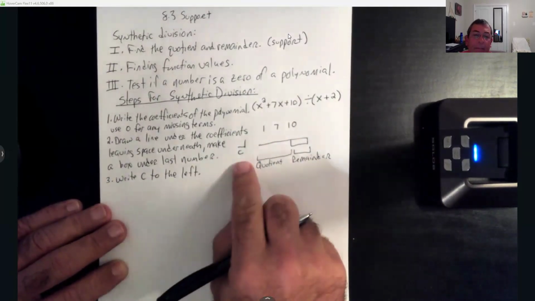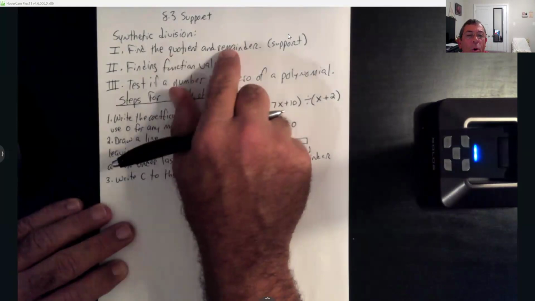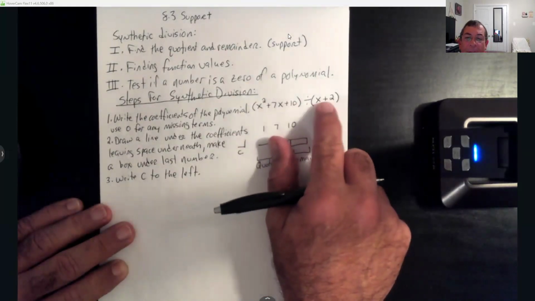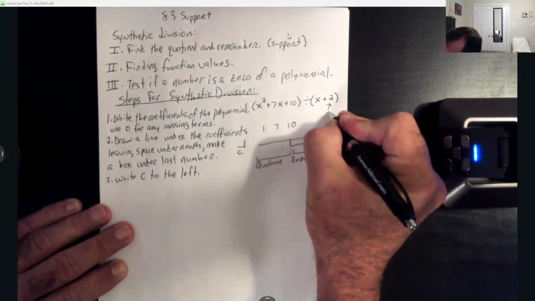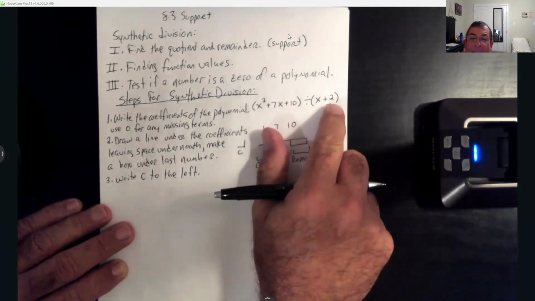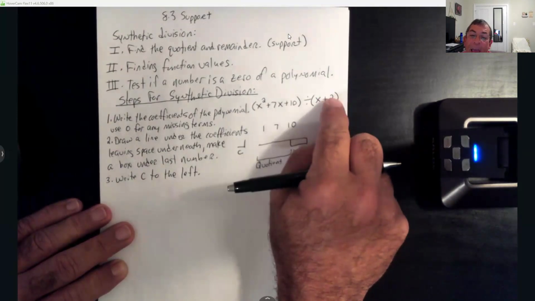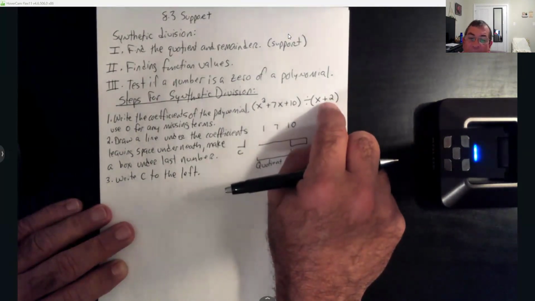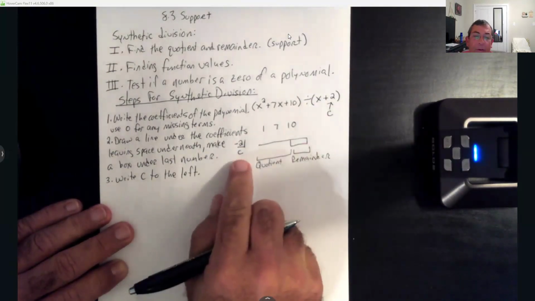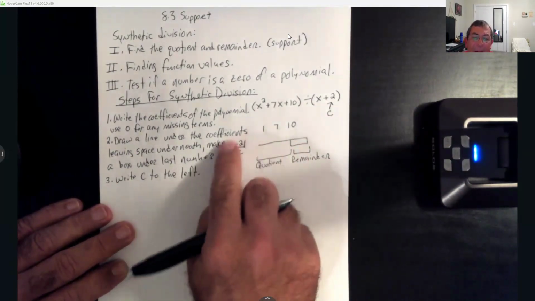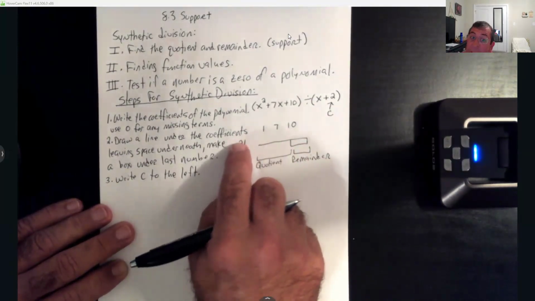Now here's the thing. When you're finding quotient and remainders and they give you the number in factored form, this number is how I get C, but if it's in factored form, you got to change it from a +2 to a -2. Because you're actually dividing by what we call the zeros.